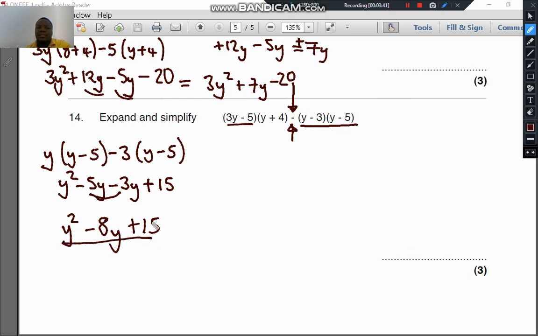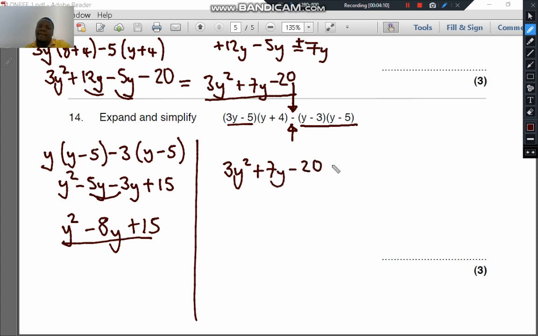So we've got the two expressions here, and we need to bring in the issue of the negative. Now, if there is a negative sign in between the two that you are trying to deal with, then the second expression should be put in brackets. I'm going to say that. So we're just first going to write the first one here. So I'm going to put a line here. This is going to be 3y squared plus 7y minus 20.